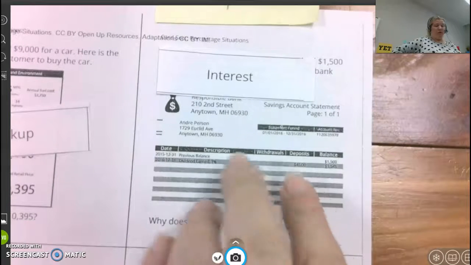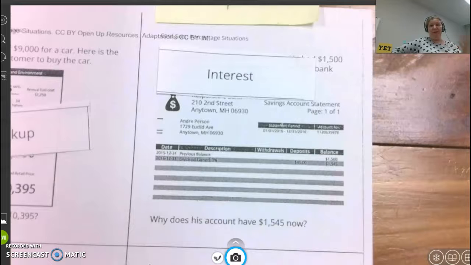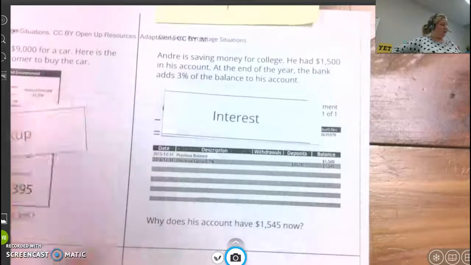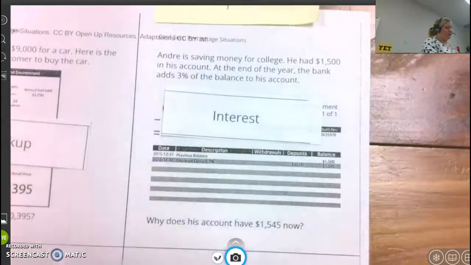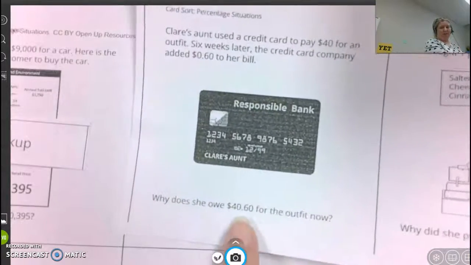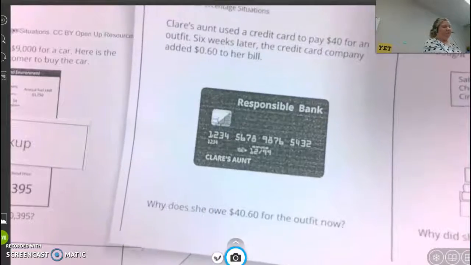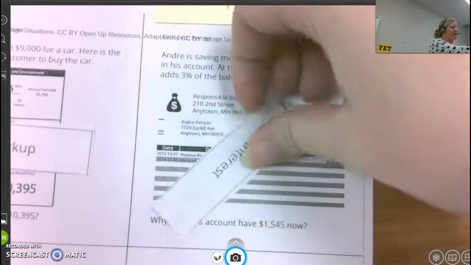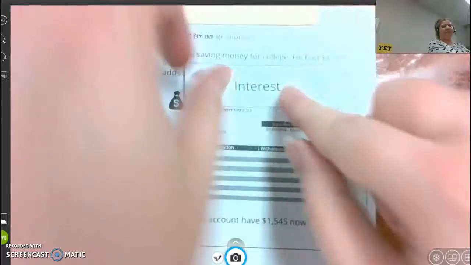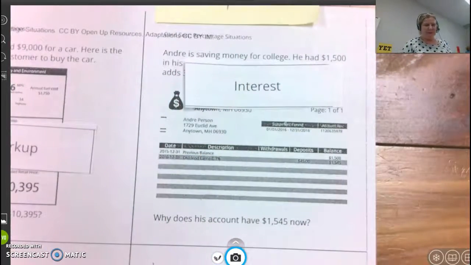But if it's your money, not money that you've borrowed from a credit card, then it's a good thing. If it's money you're paying to a credit card, and you have to pay more than the $40 you borrowed, that's not so happy. But when the bank gives you money, interest, that is a happy thing. Moving on.